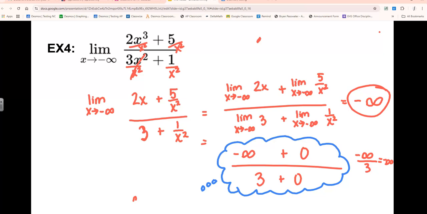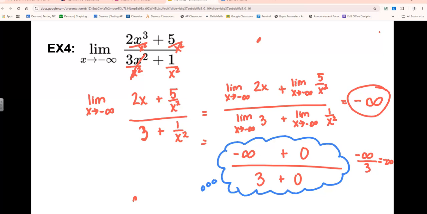They'd ignore it, as long as you have negative infinity as your answer. I think you would have to go all the way to negative infinity. If you left it as negative infinity over 3, they'd be like, oh, she does not know that that's still negative infinity, so I cannot give this to her. So I think you'd have to have that final step. If you wrote these intermediate steps, you'd still be okay.